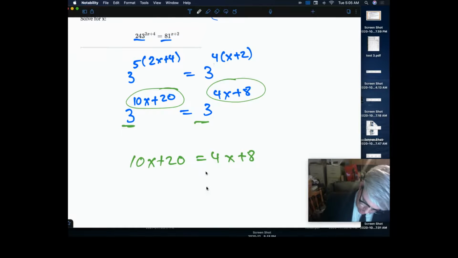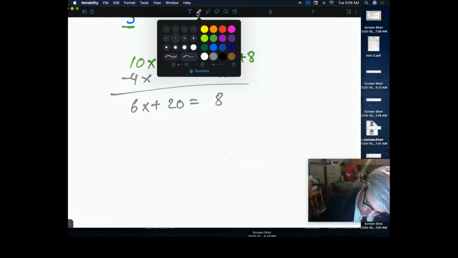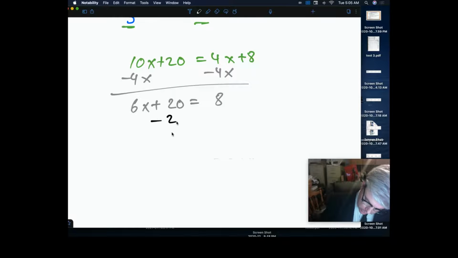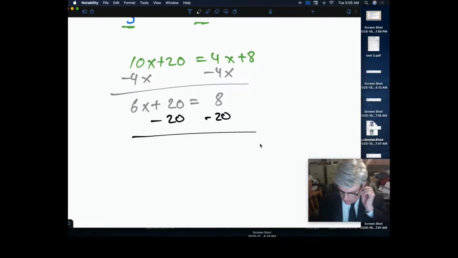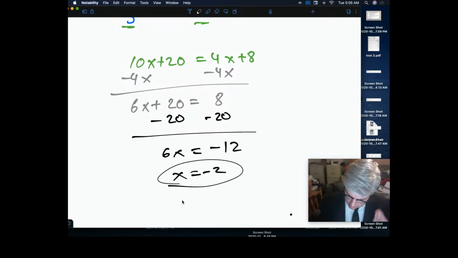So we're going to subtract 4x. I could divide through by 2 to make the numbers smaller, but we're going to do it this way. 6x plus 20 equals 8. Subtract 20, and we get negative 12 equals 6x. So x is negative 2.